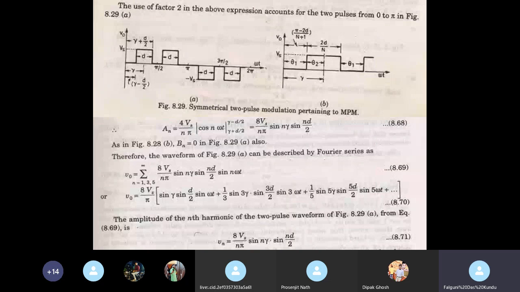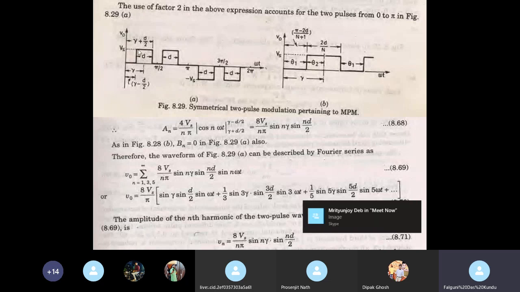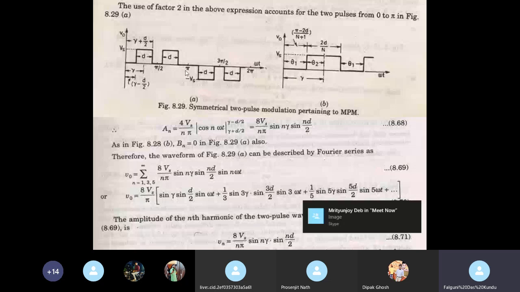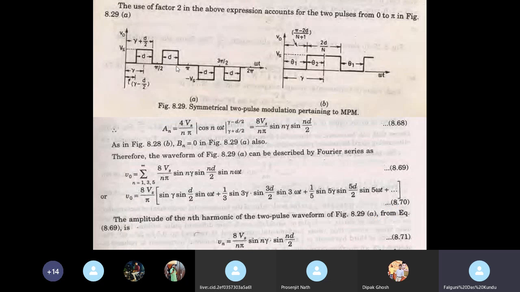This method of pulse modulation is nothing but an extension of single pulse modulation, okay? So in multi-pulse modulation, several equidistant pulses per half cycle are used. So for this half cycle, 0 to pi by 2, we use a pulse of D, and again for the half cycle pi by 2 to pi we use another pulse having the value D, okay?